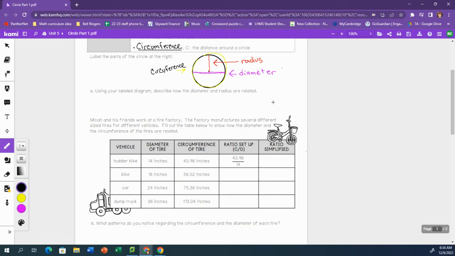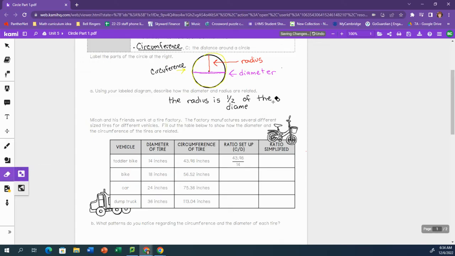Well, the radius is 1/2 of the diameter.